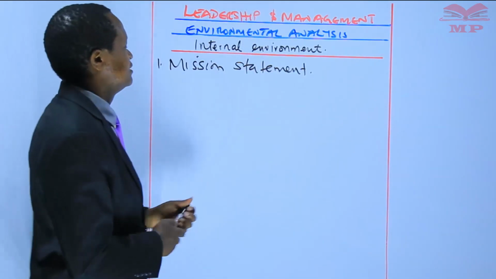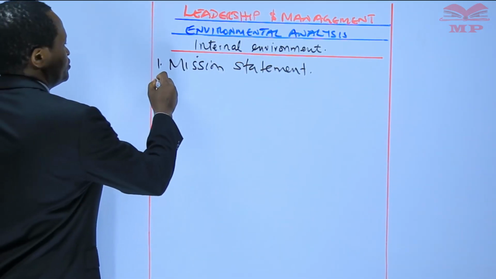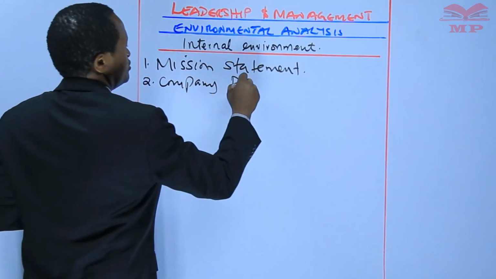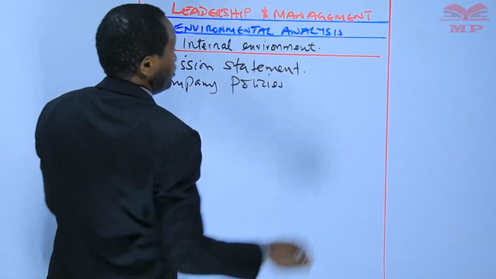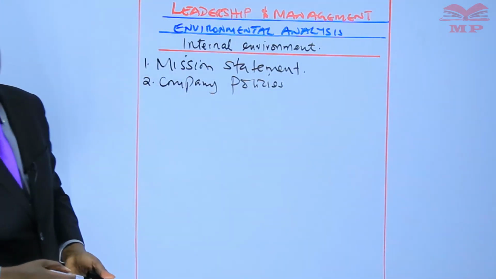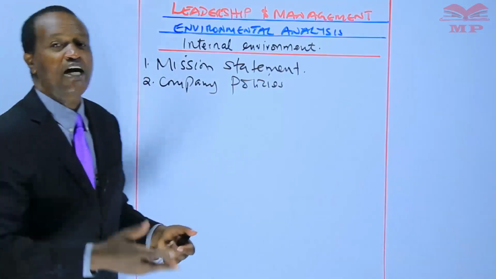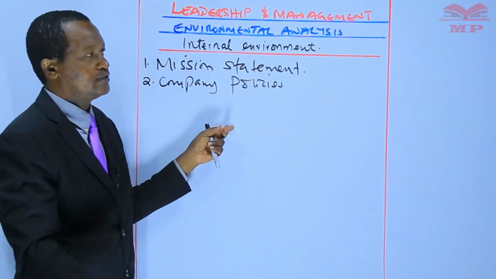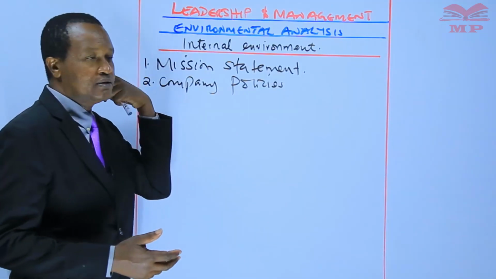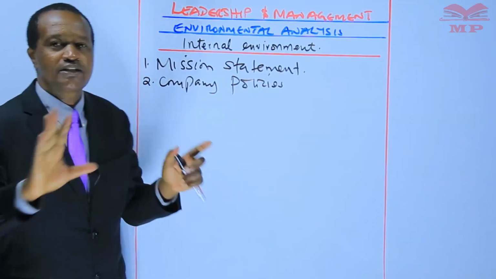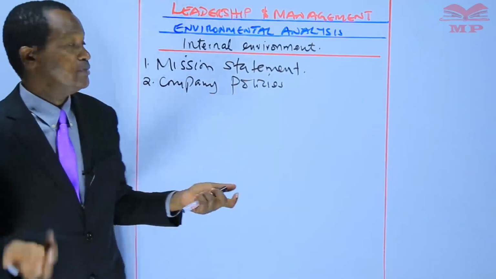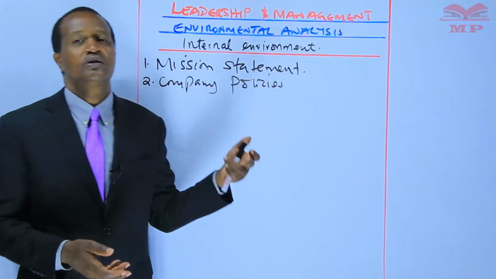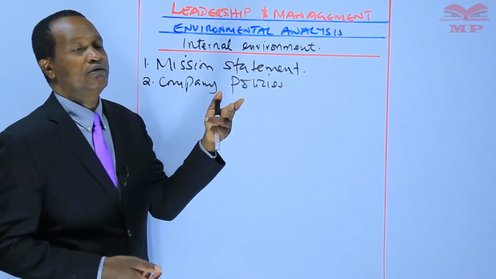Number two, company policies. The policies of a company. These are the guidelines that govern how certain organizational situations are addressed. A company could have a policy on management of, say, inventories. There could be a policy on fixed assets.